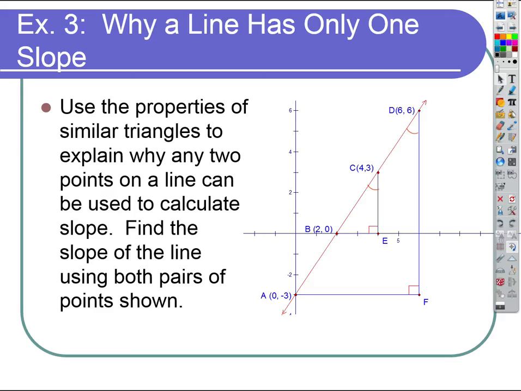A line requires 1 additional piece of information, so it requires 2 numbers to dial in a line, so to speak, right? We can do that in a number of ways. Usually the 2 numbers that we use are slope and y-intercept. And by controlling those 2 things, I can come up with any conceivable line in a plane, right? There are infinite possibilities, and I could get any one of them by just controlling those 2 numbers, right?